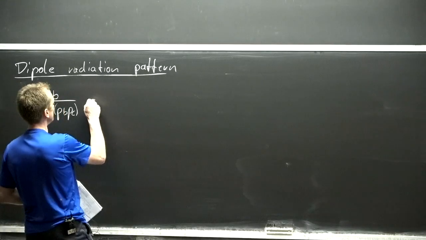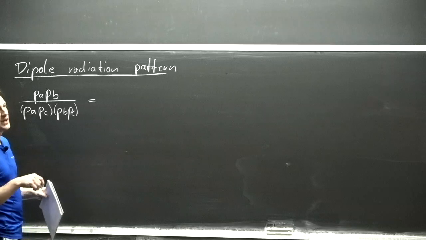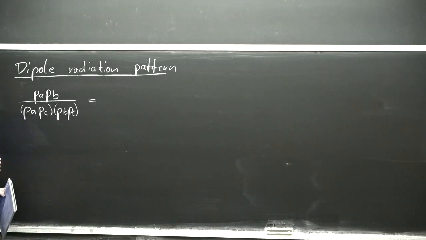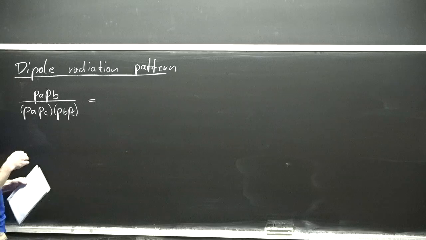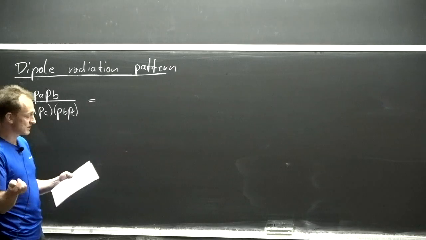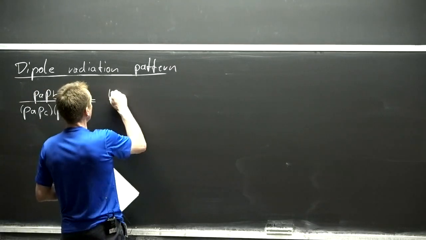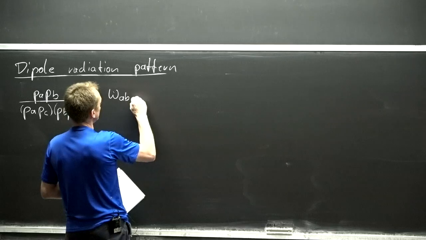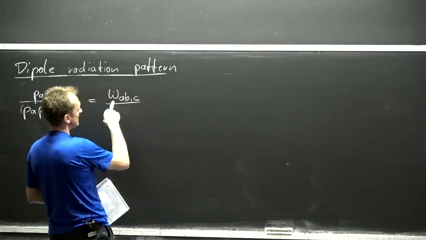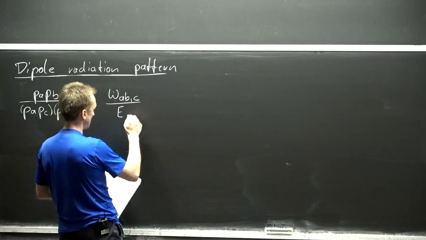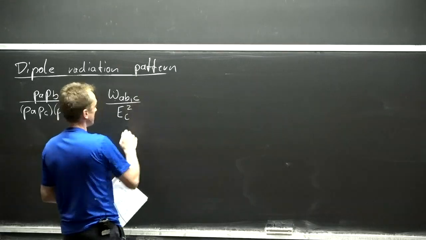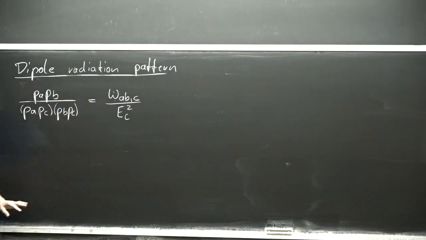But what I want to do now is go back to the way this was rewritten in the 1980s in order to expose its properties in the collinear limit. So in order to do so, we will write it as something that I will call the angular radiator function, divided by the energy of particle C squared.